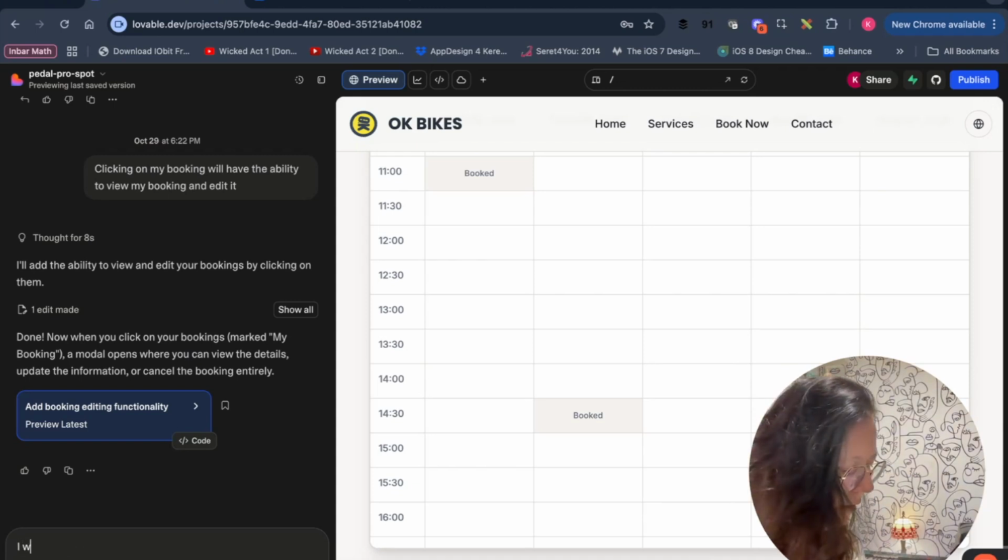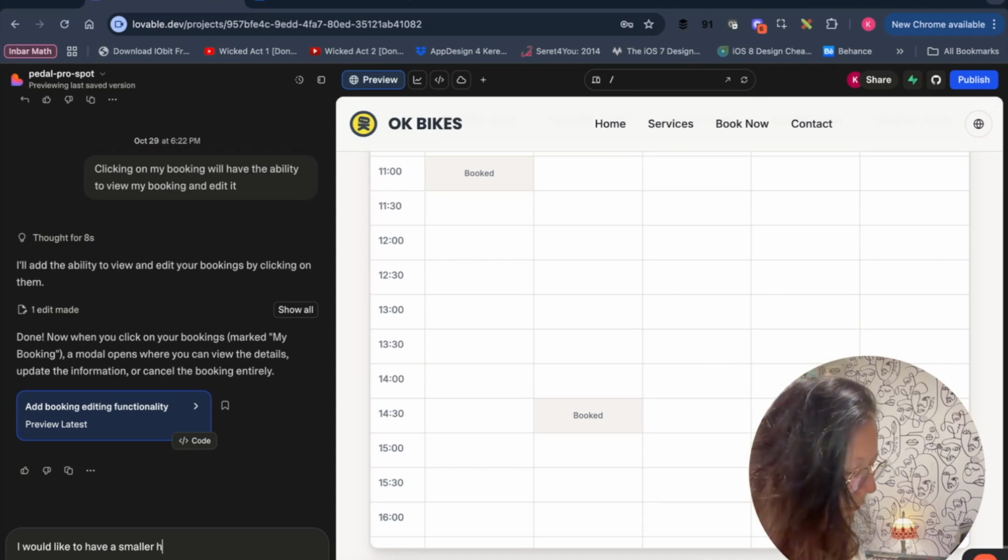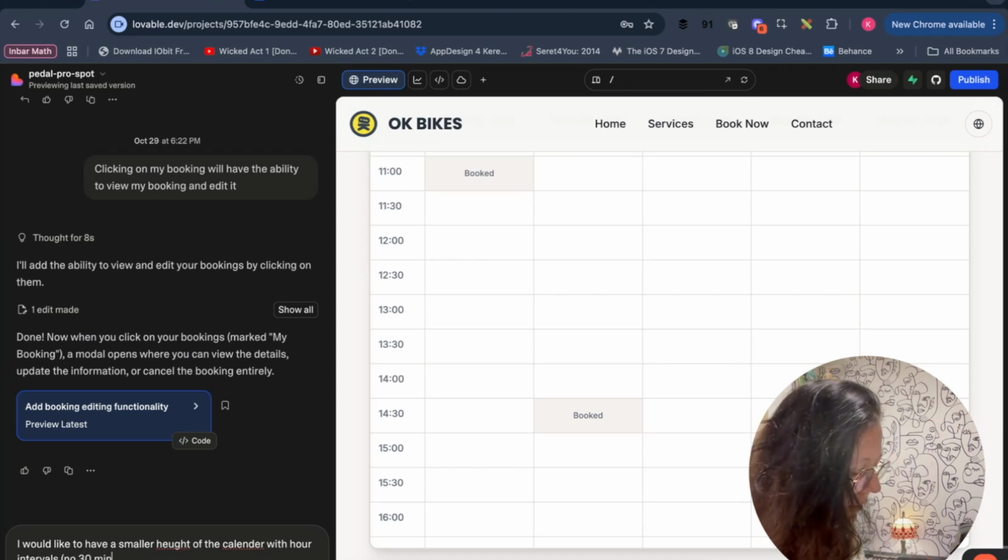I would like to have a smaller height of the calendar, sorry about the spelling mistakes, with hour intervals, no 30-minute, kinda like what Google Calendar does.